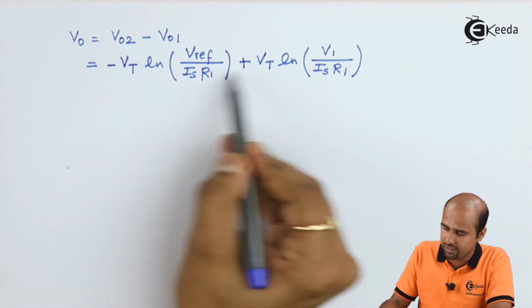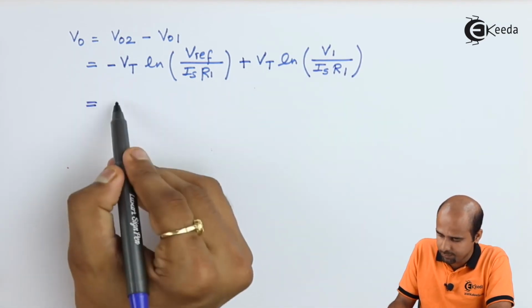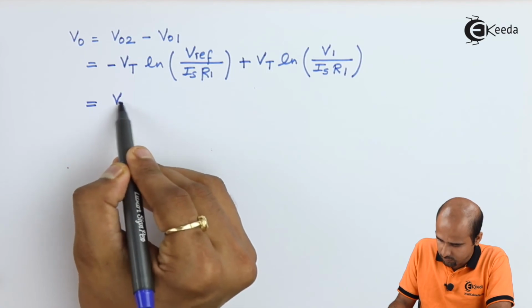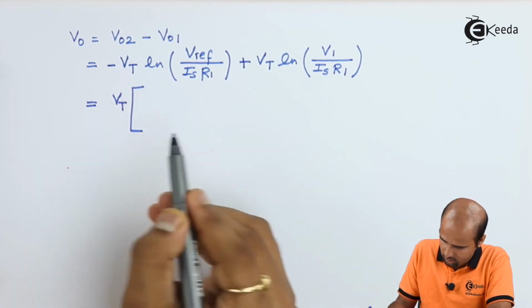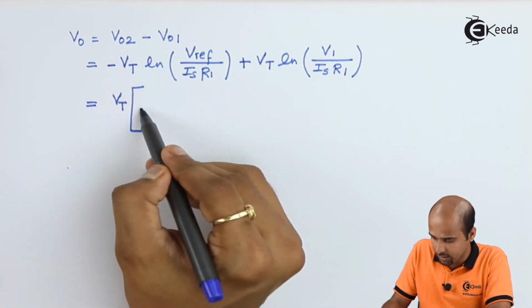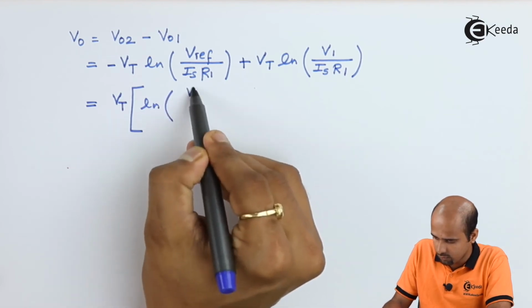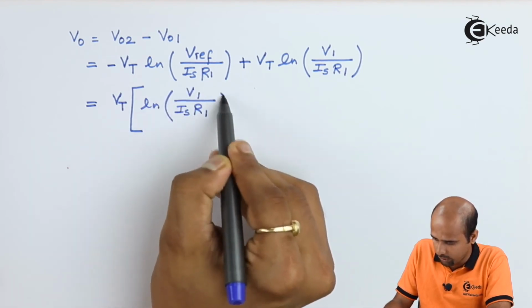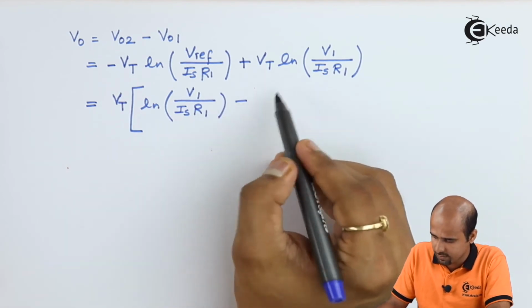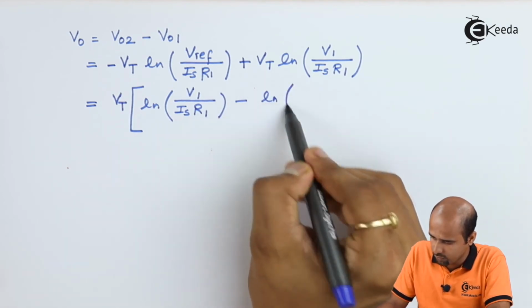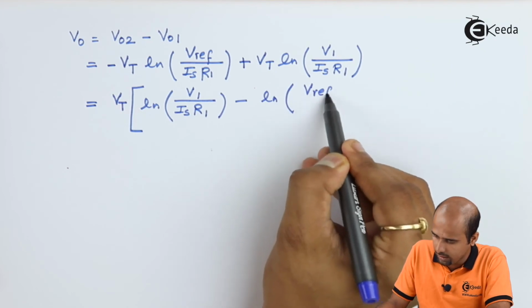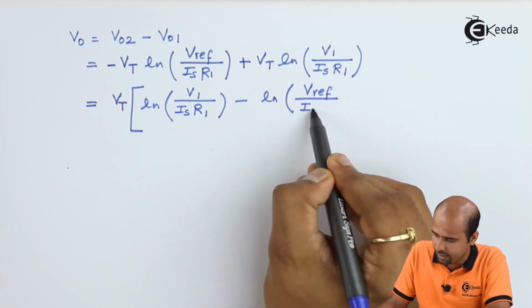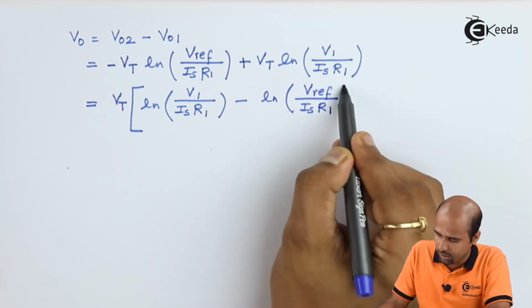Now here I will take this VT common, we will be getting ln of V1 divided by Is into R1 minus ln of VREF divided by Is into R1.